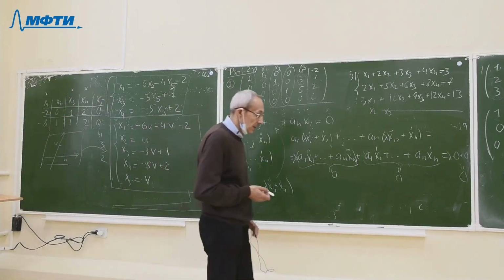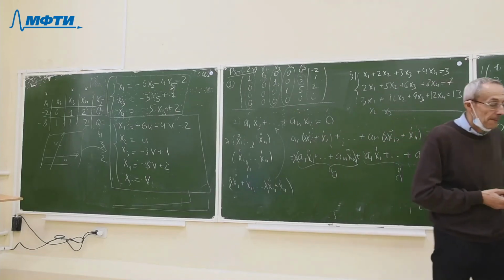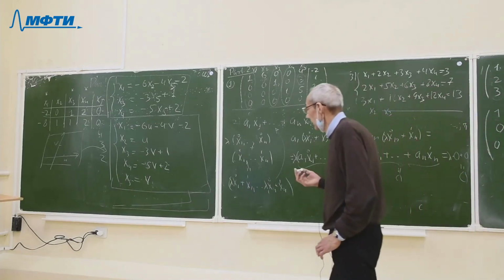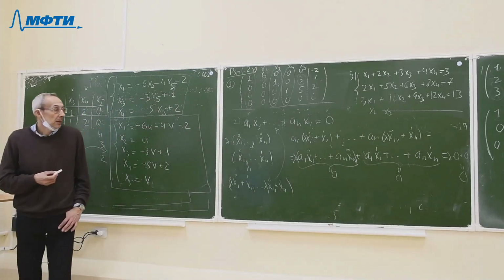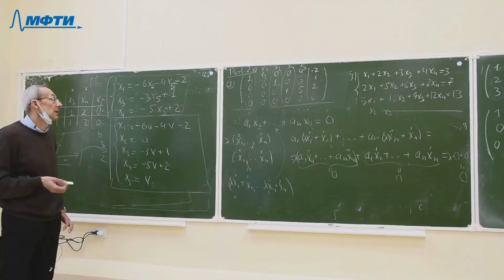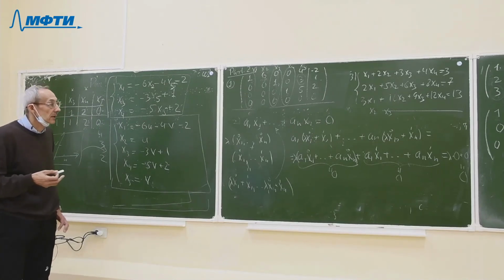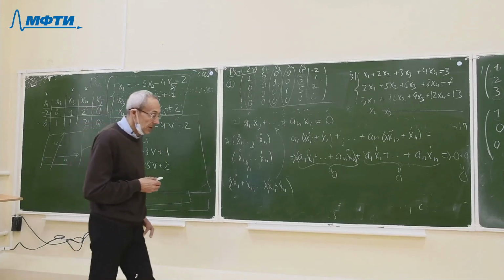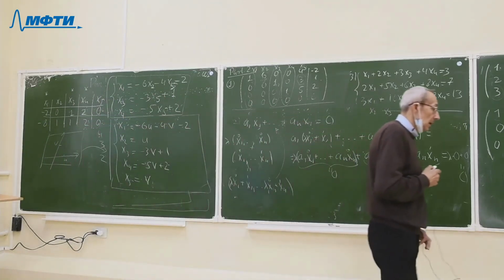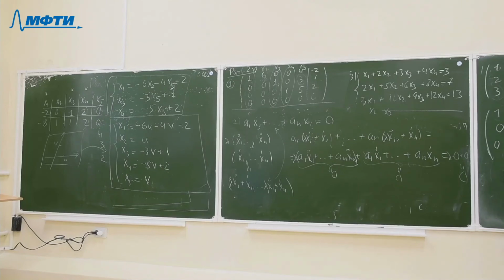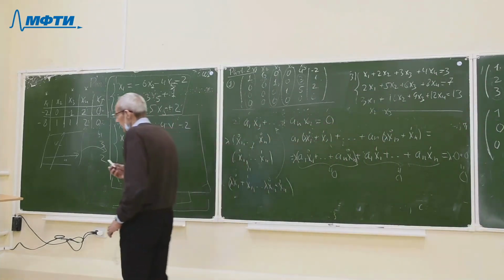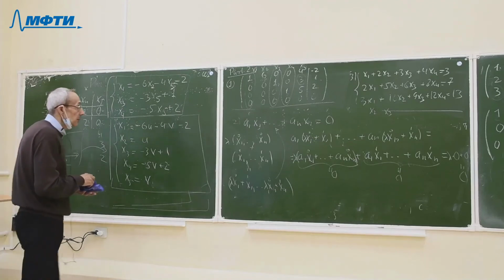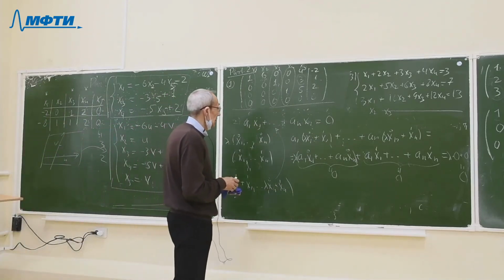So the set of solutions of a linear system forms a vector subspace of our space. It means that any linear combination of solutions is also a solution of our system. It's a rather convenient property to work with such linear systems, and we will use this observation.